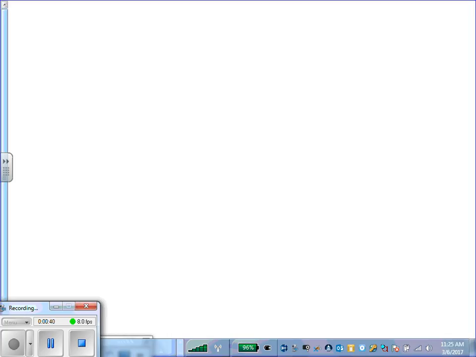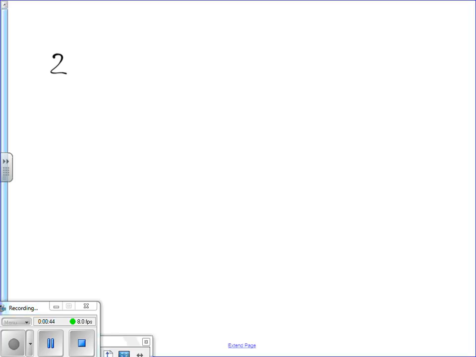So, I'm going to start off with 2 halves of 3/4. So, the first thing I want you to look at, when you look at this, what is the first thing that you see when you see 2 halves of 3/4?